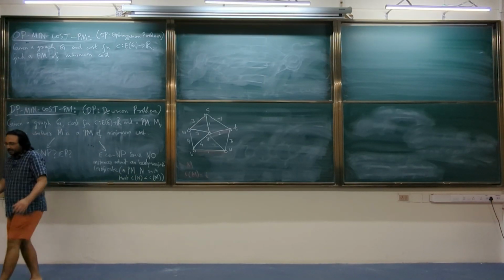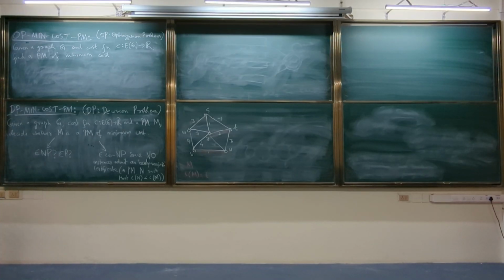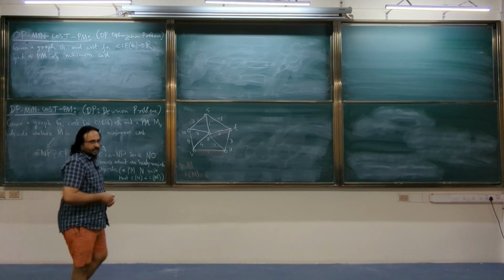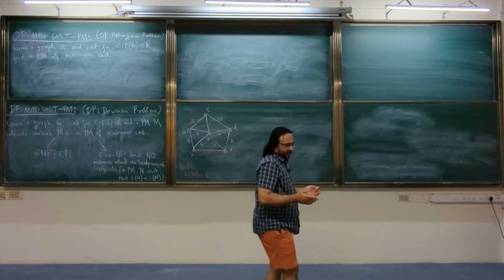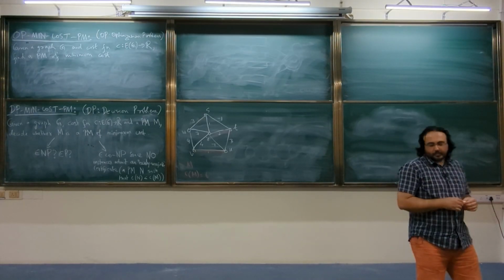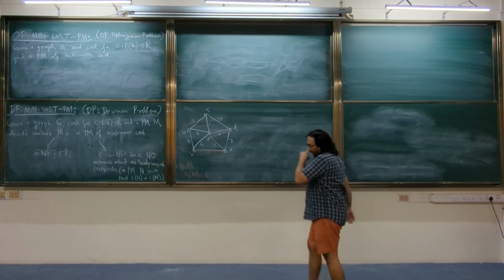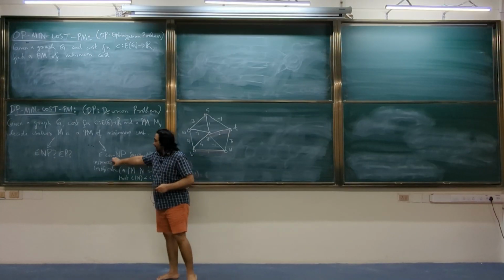So there exists a certificate. What is a certificate? A better perfect matching. You just show it to them, and now they cannot argue that the original one is a minimum cost perfect matching. Therefore, we say that the decision problem belongs to co-NP.